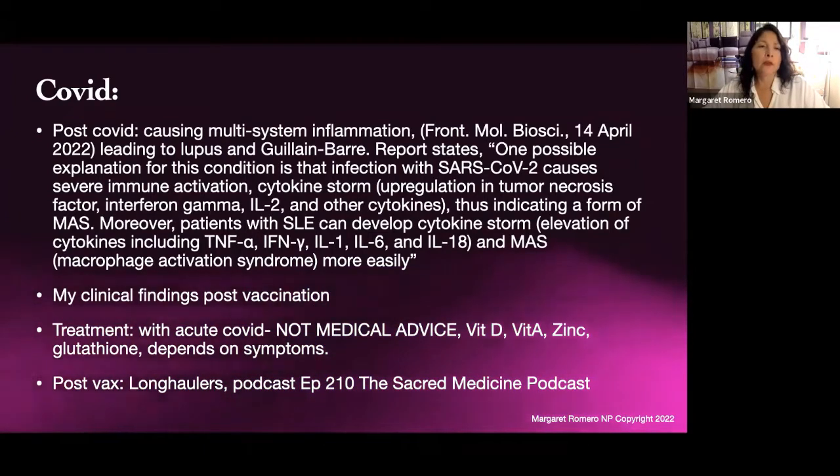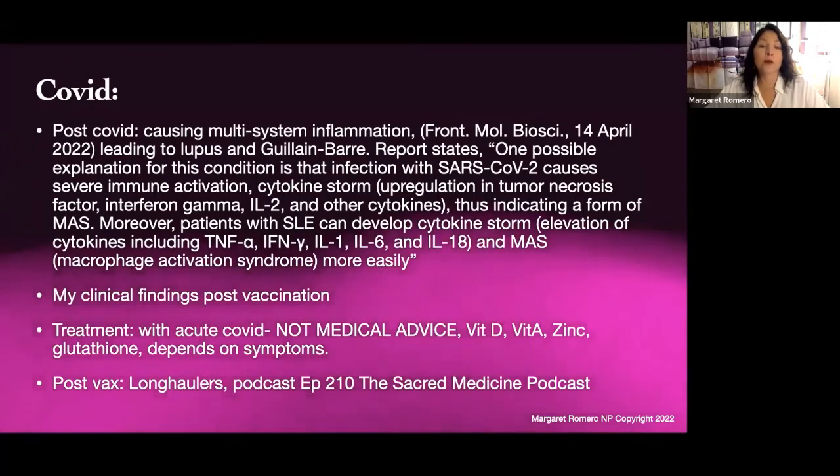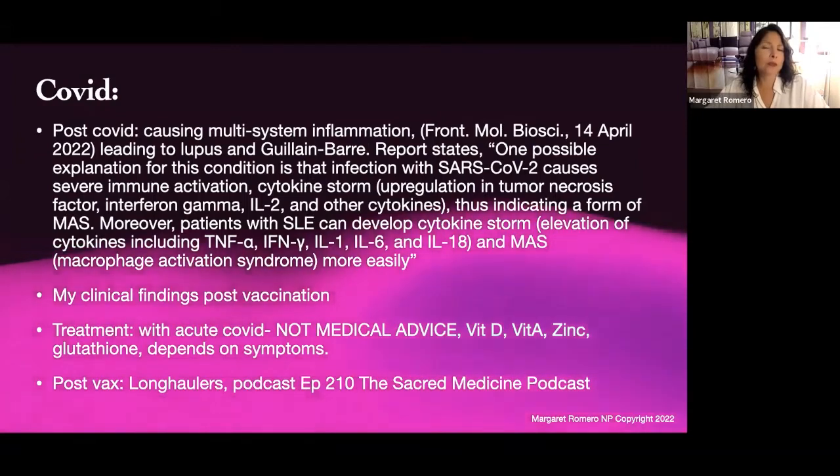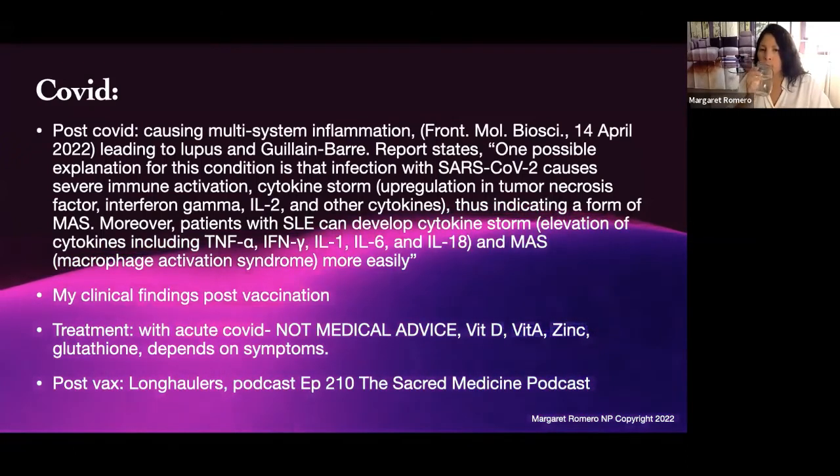In the midst of acute COVID, this is not medical advice: vitamin D, A, zinc, vitamin C, glutathione, it depends on symptoms. And so this is why I think people should just have these supplements on hand for sure.